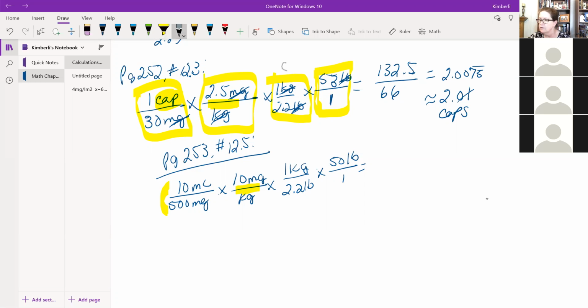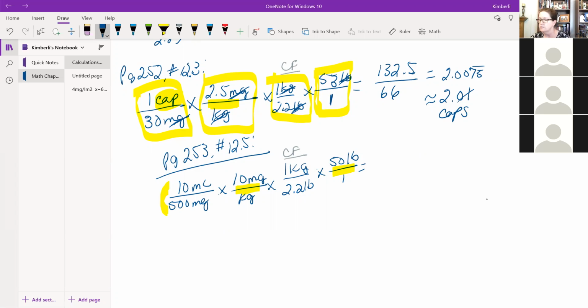Right here, I have a conversion factor. And then here's the patient weight over here. The patient weighs 50 pounds, okay? So the setup is almost identical. You just have different numbers, right?